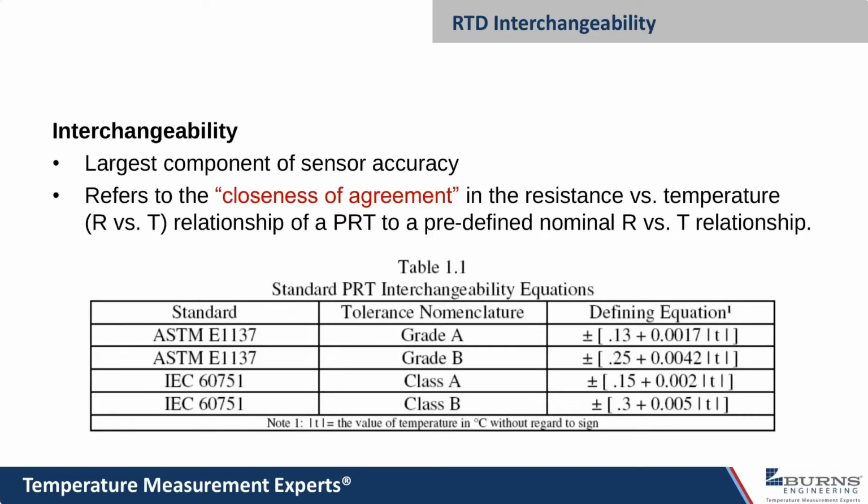Now if we were to take one of those sensors and calibrate it, say a grade A and a grade B, and put them through a calibration, this calibration characterizes the exact resistance versus temperature relationship.